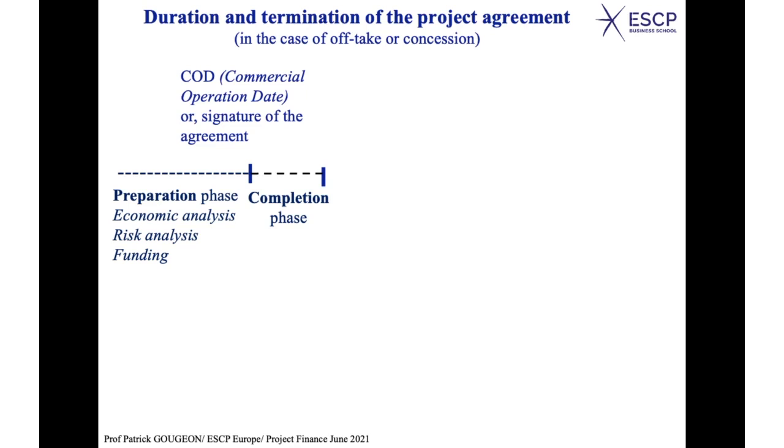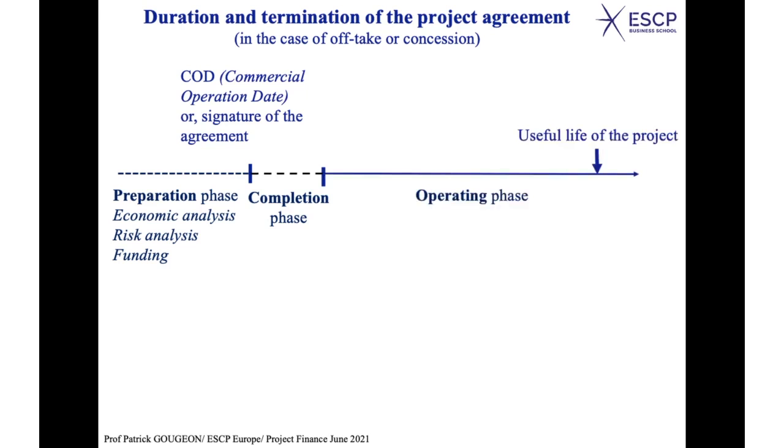But usually these spendings are done before we start evaluating the project, because this preparatory phase will provide you with all the data you need to build the cash flow statement. Then you will consider the completion phase after the commercial operation date, when you sign with the different partners, with the banks, with the public entities, and with the major sponsors. You have the completion phase, okay?